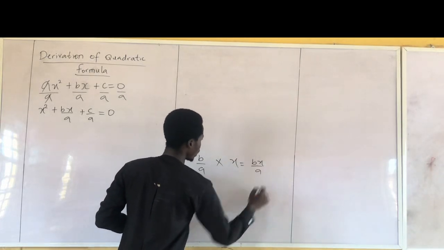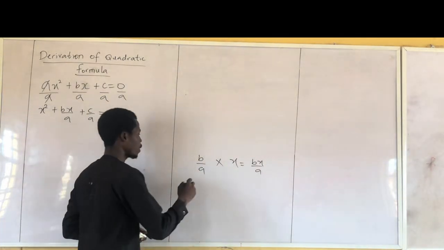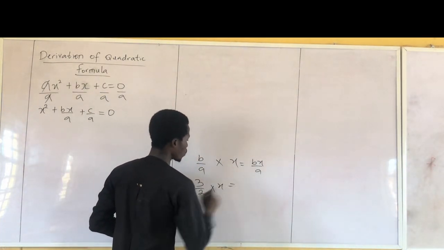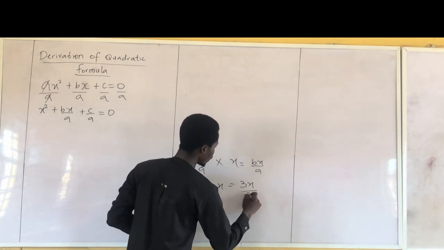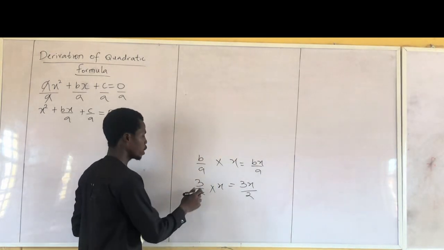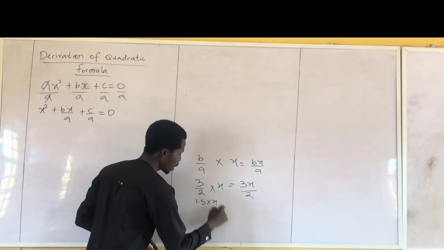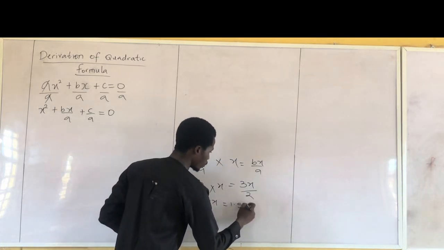Let's use a number to make it much easier. For example, peradventure, you have 3 over 2 times x. This is going to give you 3x over 2. Or, in another way, 3 divided by 2 is going to give you 1.5 times x, which is 1.5x.